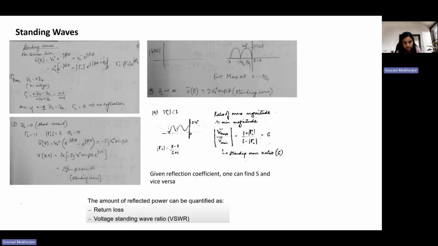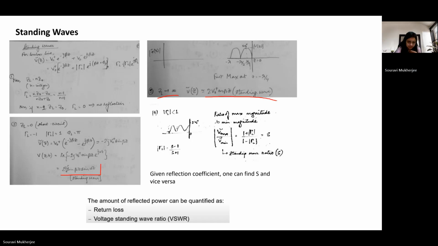One is talking about the temporal change, another is talking about the spatial change, right? And that's a typical form of a standing wave. So that's when a standing wave can come in. Now you can also have a case where your ZL tends to infinity. That's like an open circuit.